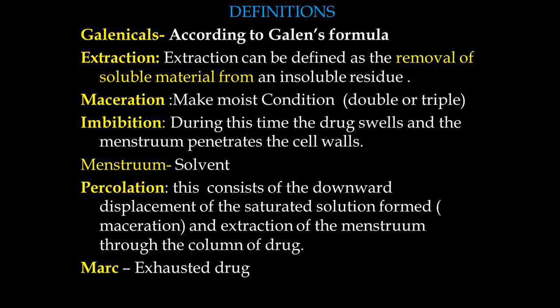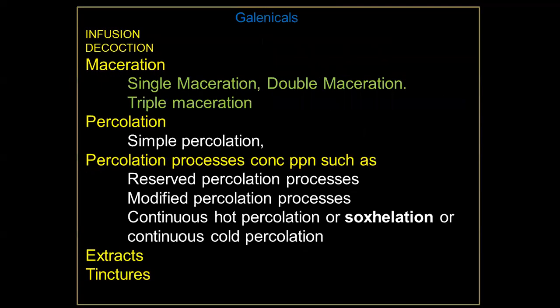During this process, the saturated solution is passed through the column of drug. Marc is nothing but the exhausted drug. The drug material which remains after extraction is called marc.